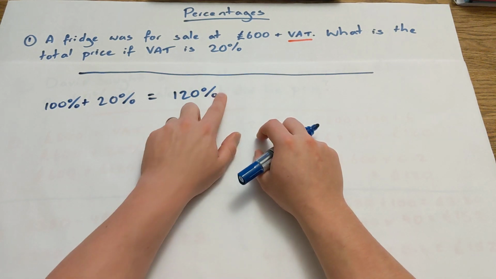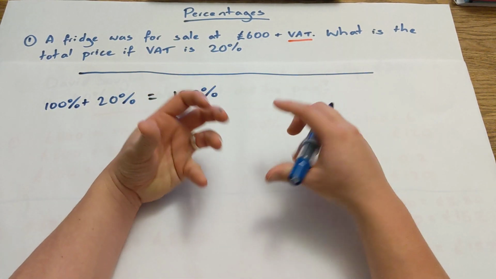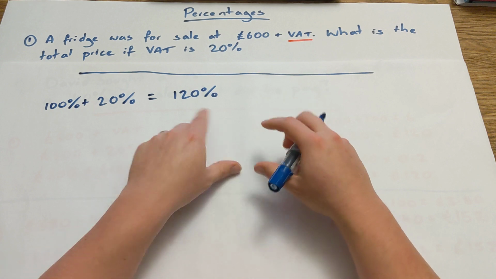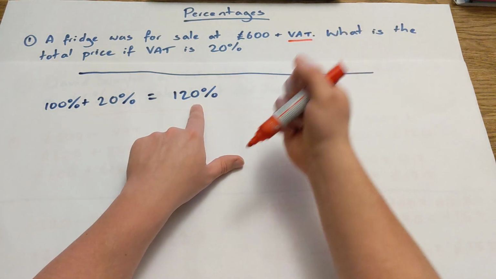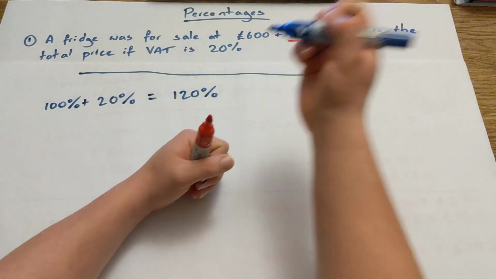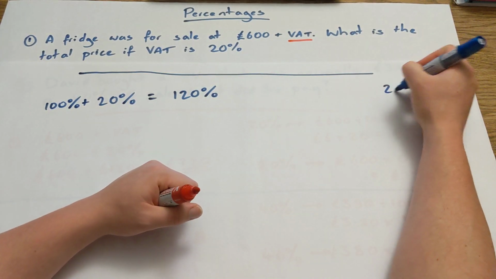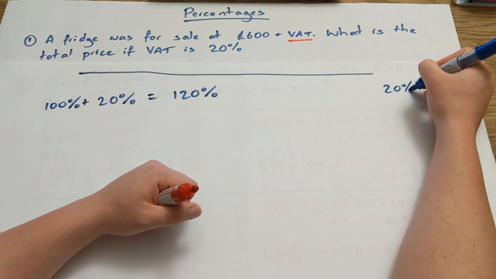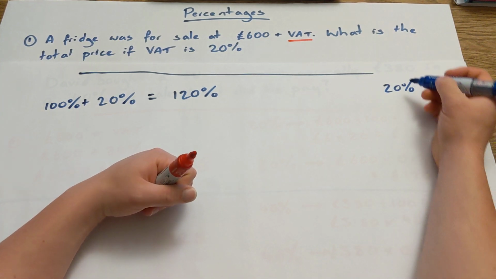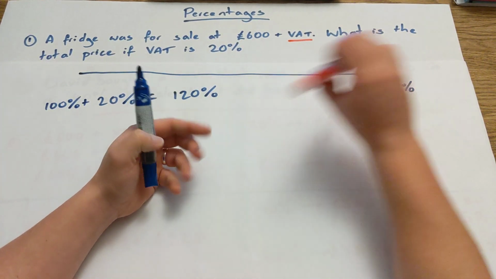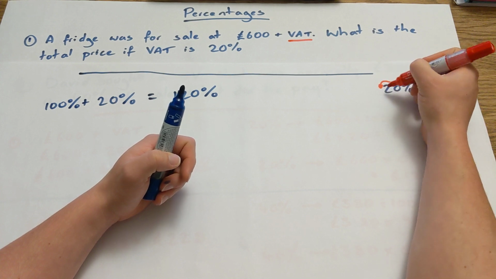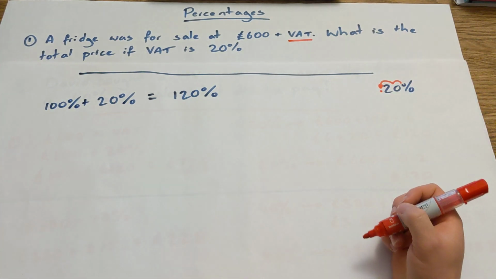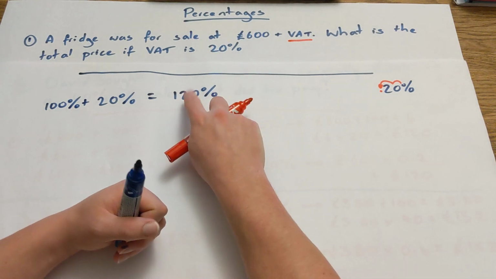Okay? And we can work this out in one step, just like we did before. And that's by changing this into its decimal form. So remember, if we had 20%, what we do is we stick a decimal point in 2 places from the end, and it becomes 0.2 to times it by. And we do exactly the same here.